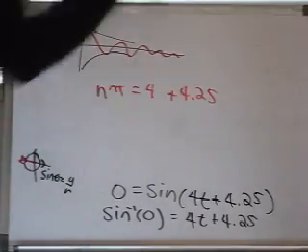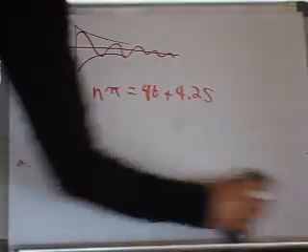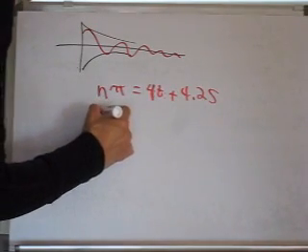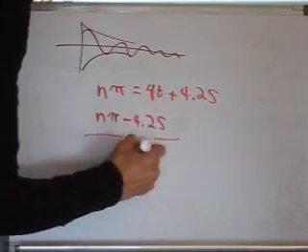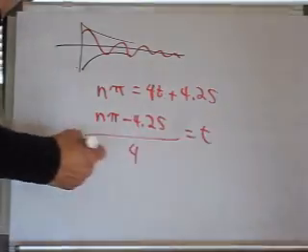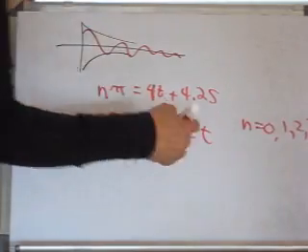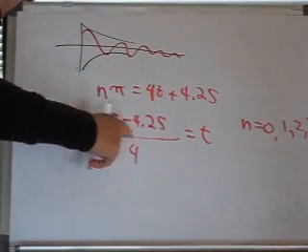Then I need to solve for t. And I need to make sure my times are positive. So if I solve for t, I subtract 4.25 and divide by 4. That is t. And I need to know what n should be. N is going to be whole numbers, but I need those whole numbers to be such that I'm getting positive times. So if n is 0, I get a negative time.